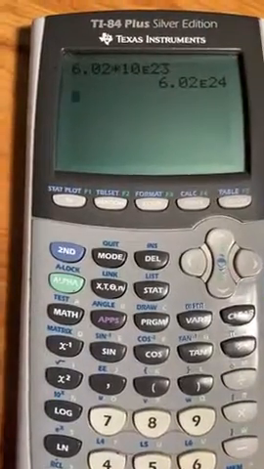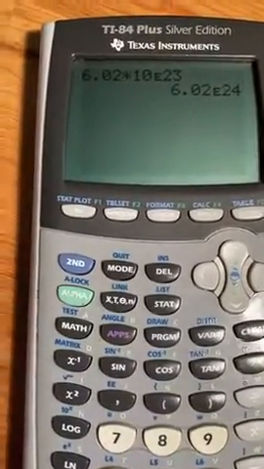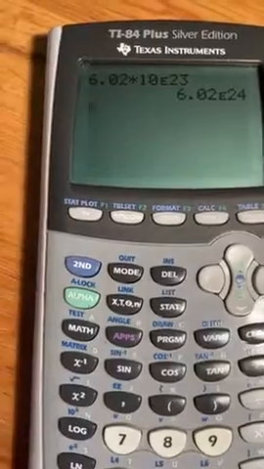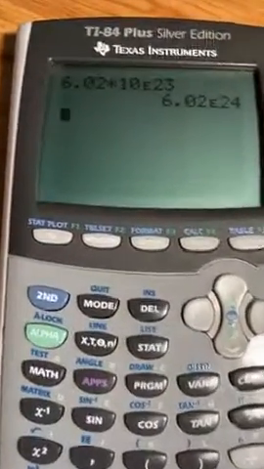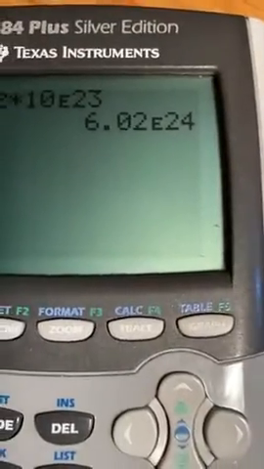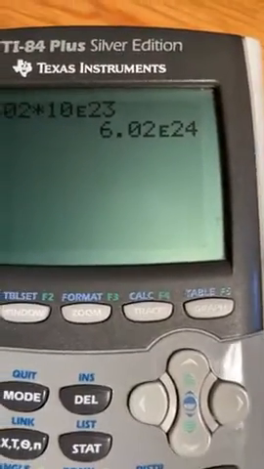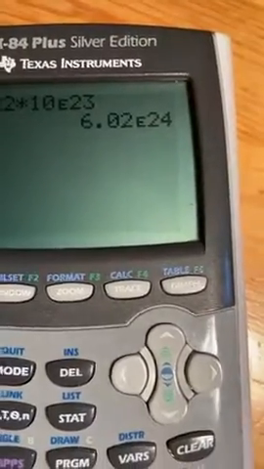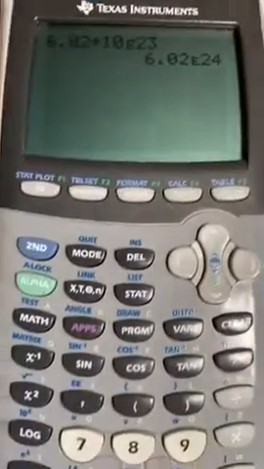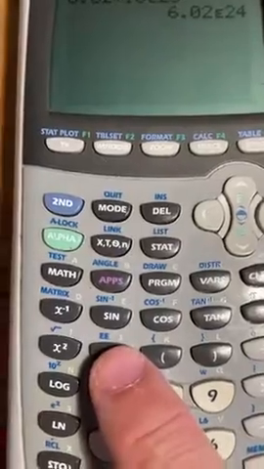You told it to take 6.02, multiply that by 10, and then multiply that again by 10 to the 23rd. And that would bring you to where we are right now, 6.02 times 10 to the 24th. So that never, ever should happen. Times 10 to the is all incorporated in this one single button here.